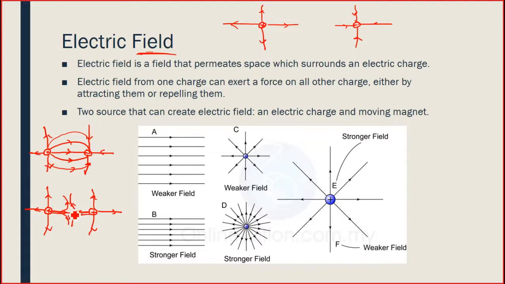Because these two lines, the electric field from charge 1 and charge 2, the electric field from charge 1 is going to repel the electric field from charge 2, and that is what causes two positive charges or two negative charges, particles with the same charge, to repel each other. So the key idea over here is the concept of field.